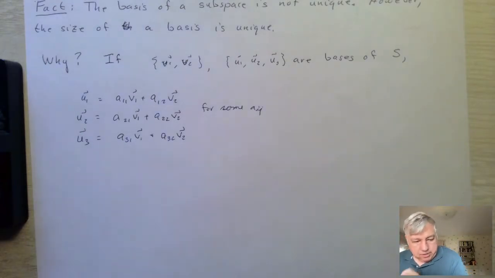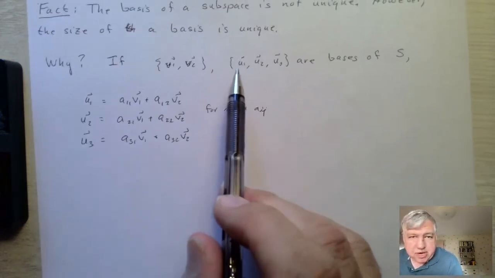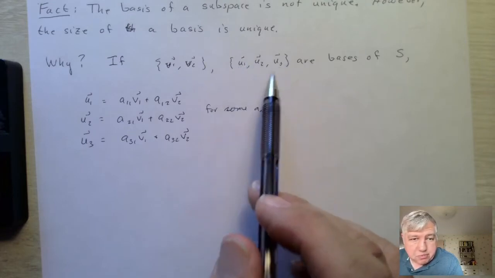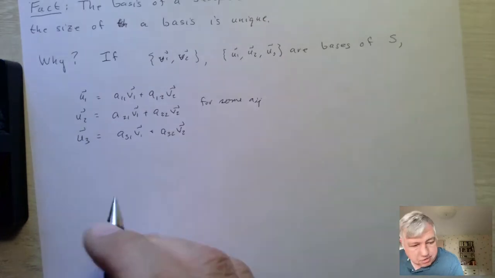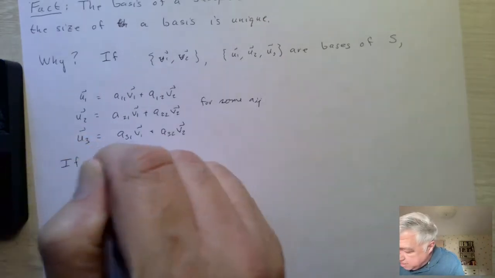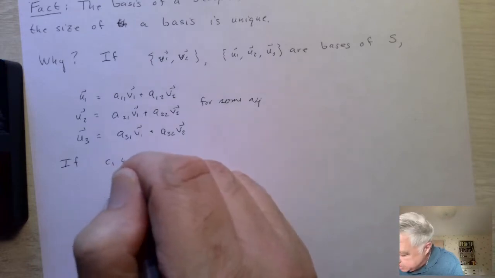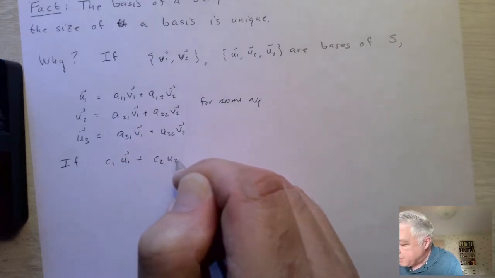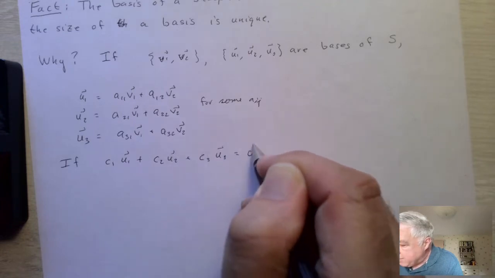Now, what we want to do is take an arbitrary linear combination of these u's, and we're going to see that they're going to be linear combinations of these. So let's say we have three numbers, c1, c2, and c3, such that c1u1 plus c2u2 plus c3u3 is equal to 0.